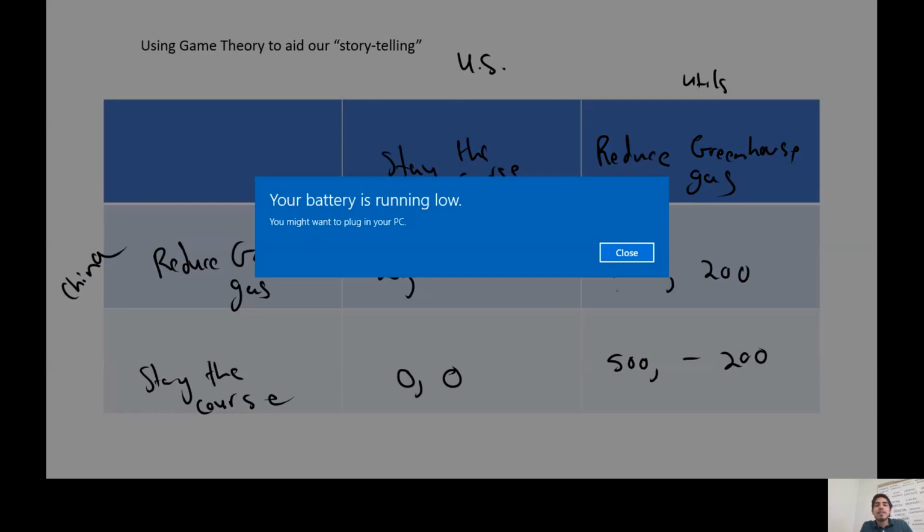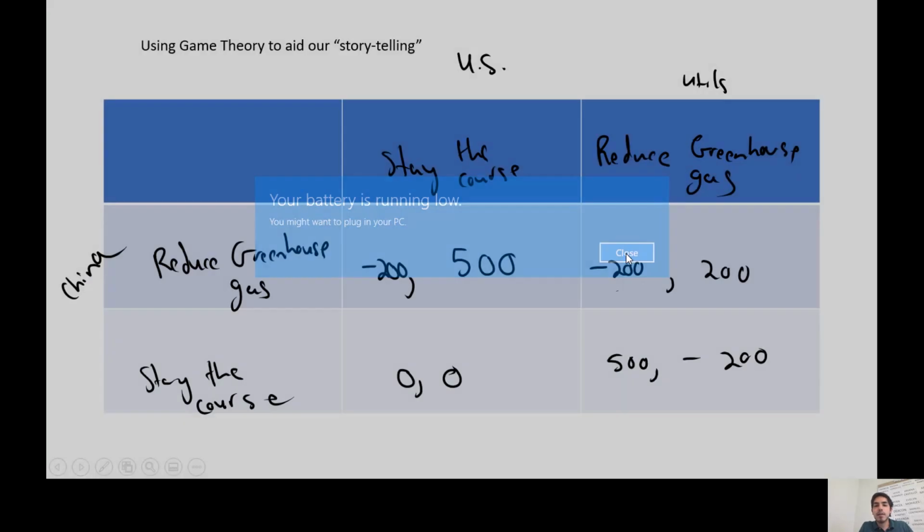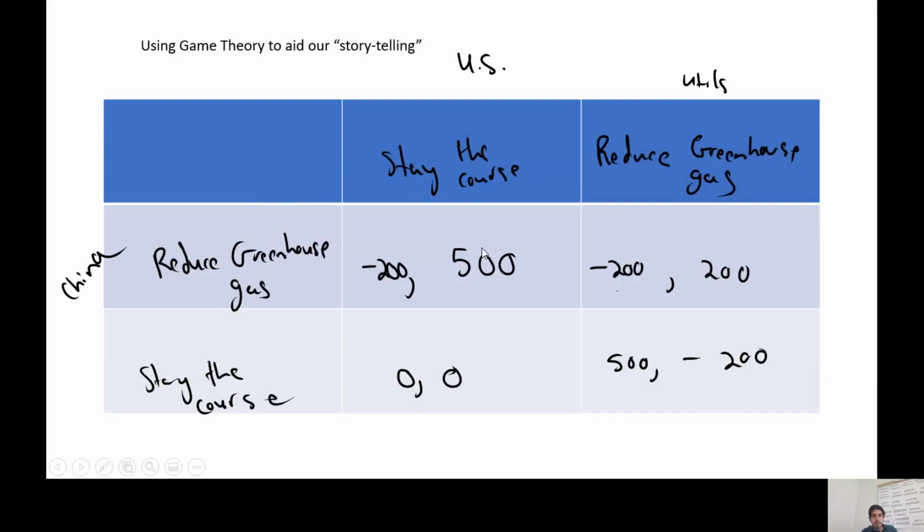And of course, this is not a very complicated game. There's obviously more players in the climate change greenhouse gas emissions game than just two players, but we could still tell a very sophisticated story with just the simple 2x2 game.